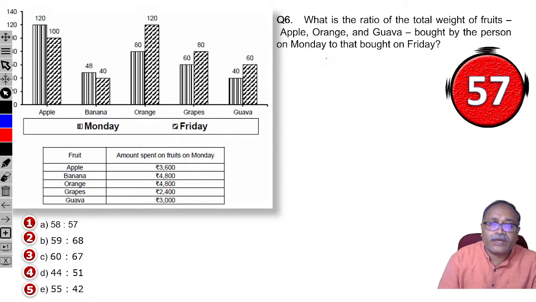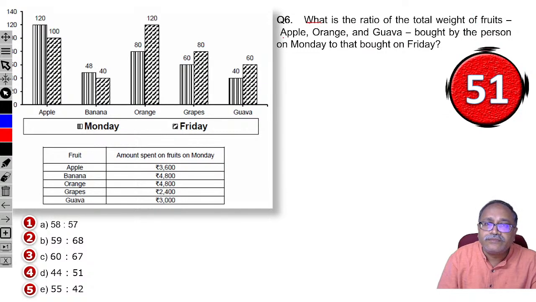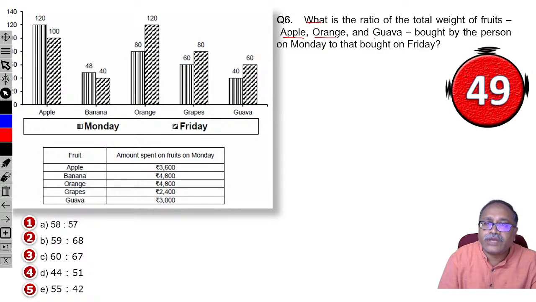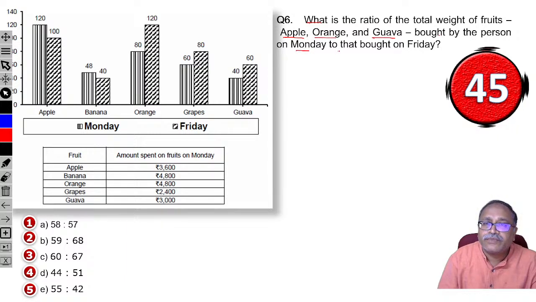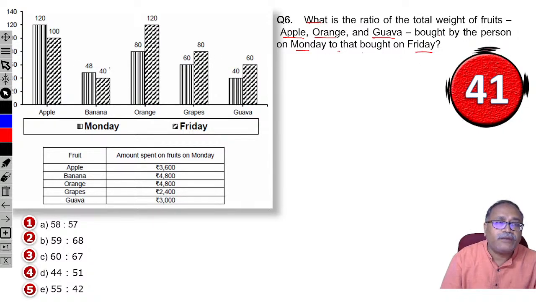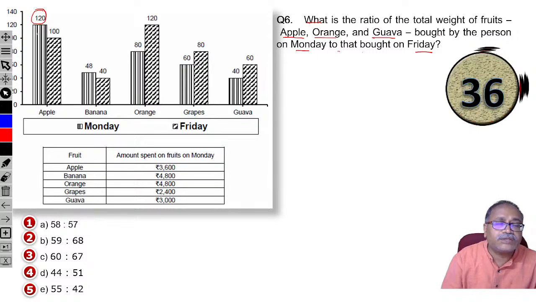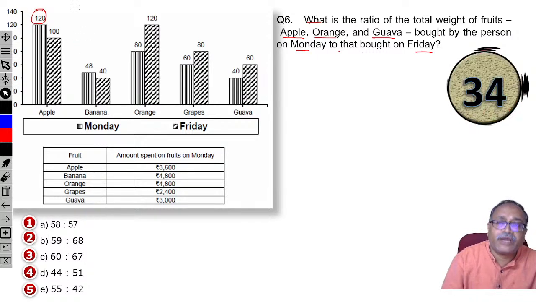Let's check if you can answer. What is the ratio of total weight of fruits, that is apple, orange and guava, bought by the person on Monday to that of Friday? Okay, apple. Here I know this is, what is this bar graph? It is the price.